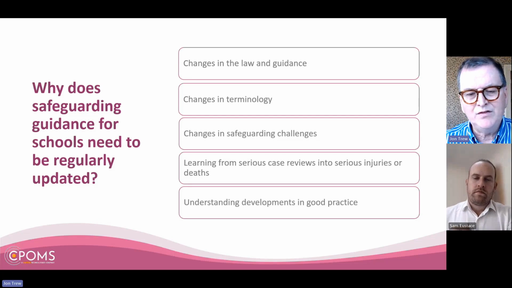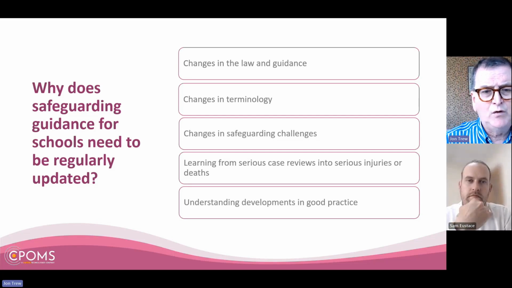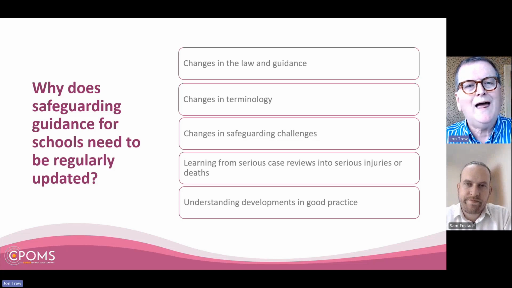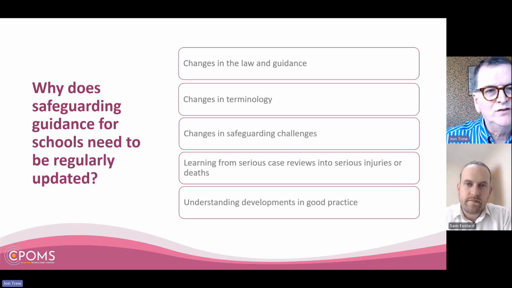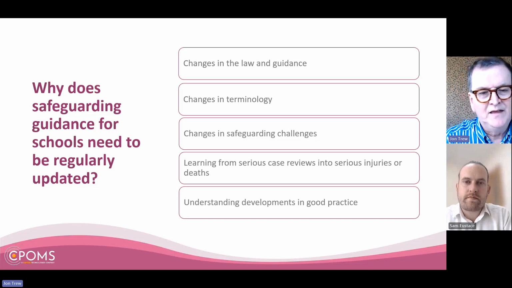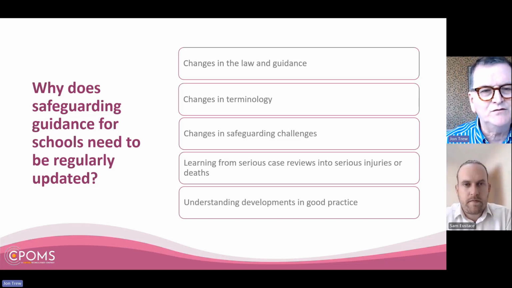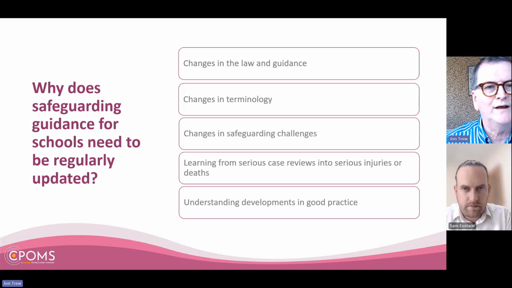There might be other bits of legislation around criminal justice or social services, which will have an effect on safeguarding and education. So the education guidance needs to match the other guidance that's out there. It needs to be updated for that, and if other legislation is brought in, it needs to incorporate that in the guidance.